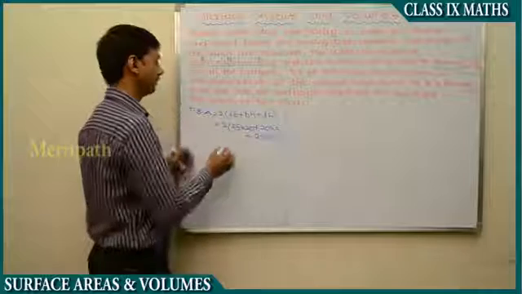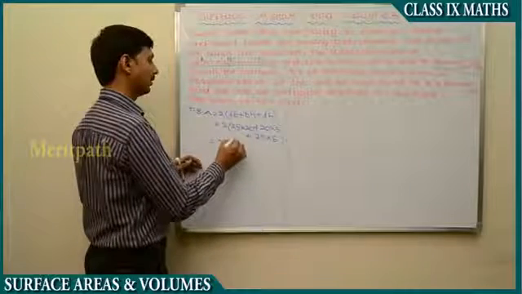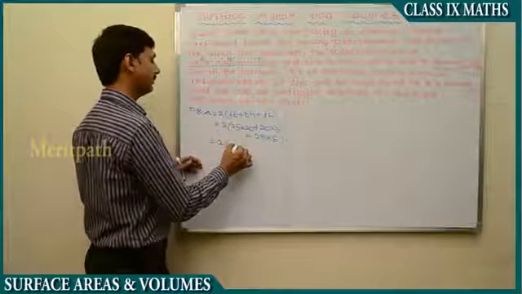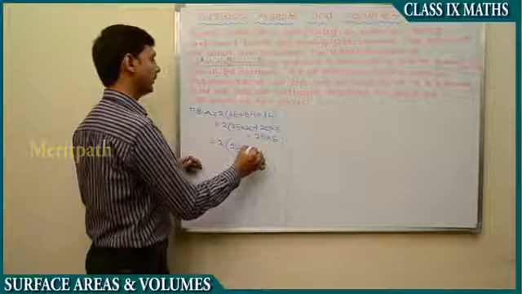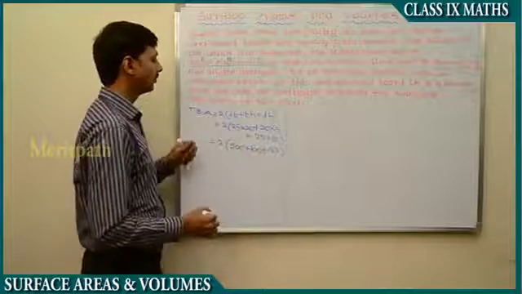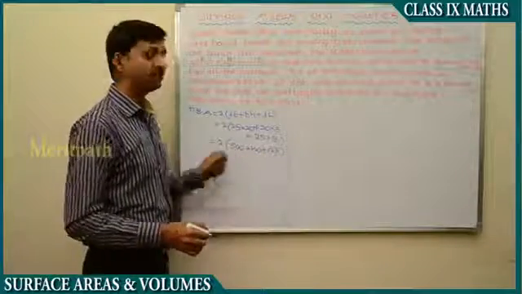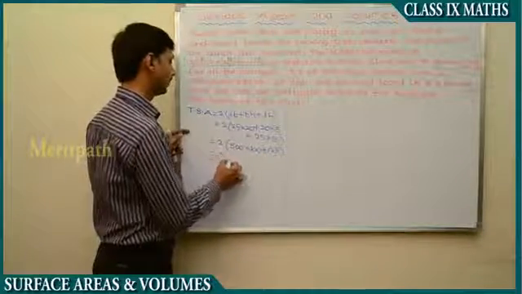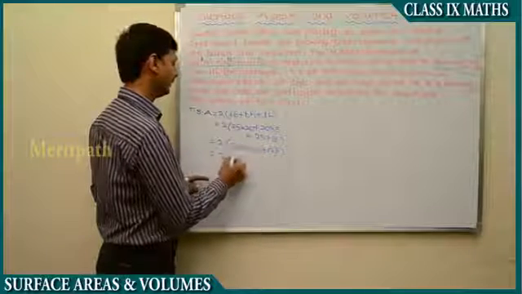Here we get 500, then 100, then 125. So 500 plus 100 plus 125, that is 2 into 725.